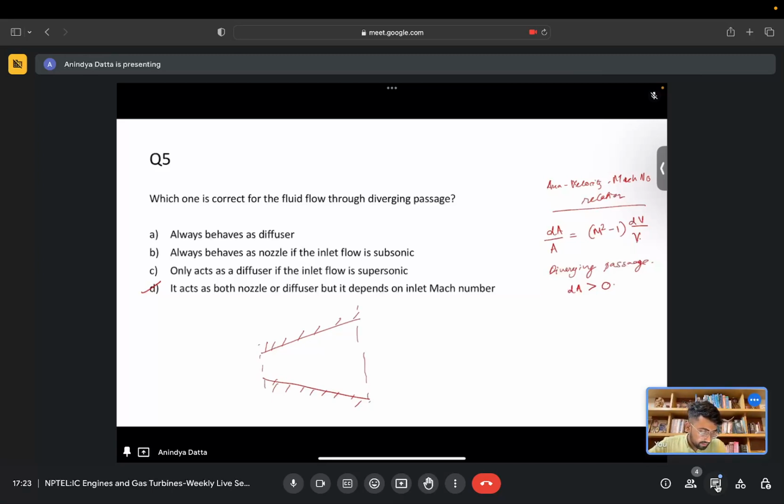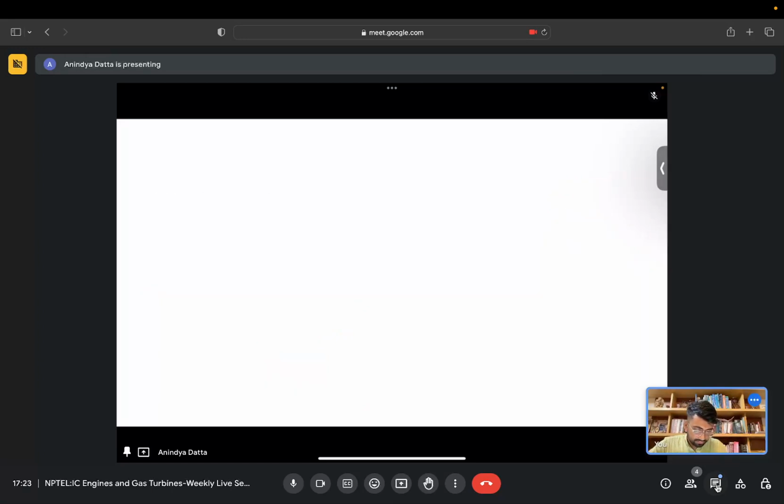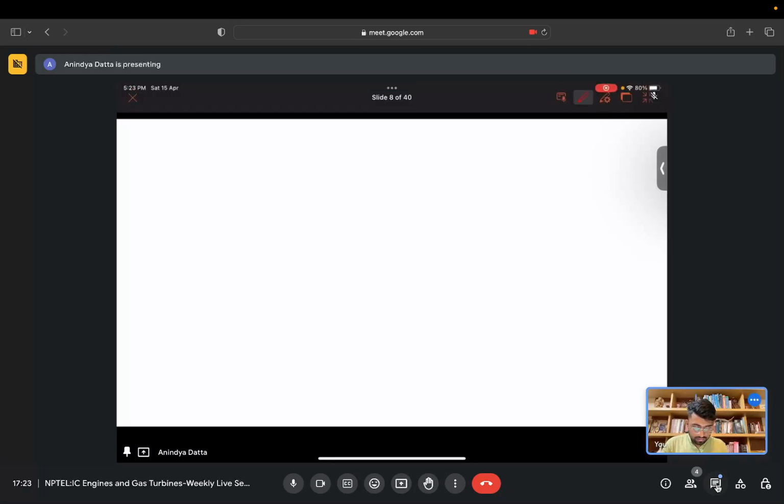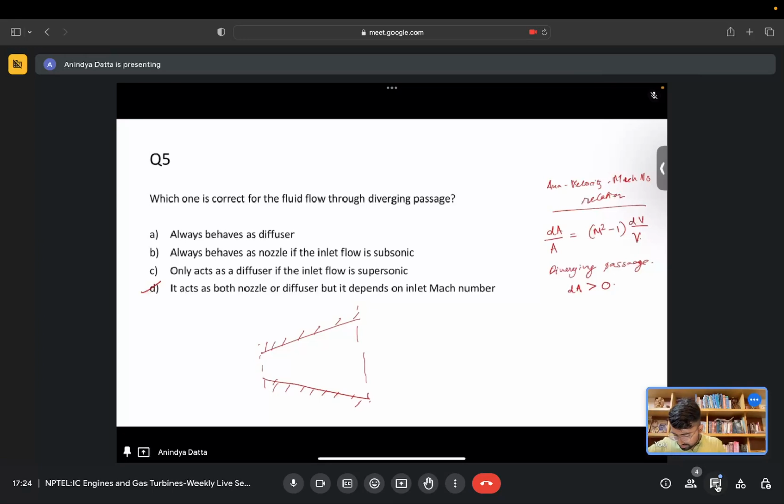So let's say this is a diverging passage. Case A: if Mach number is less than 1, that is, the flow is subsonic, then M square minus 1 is negative.